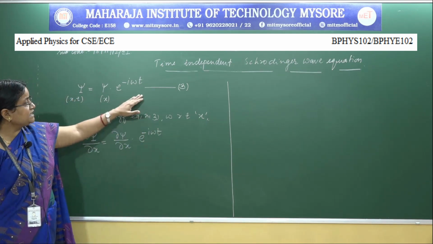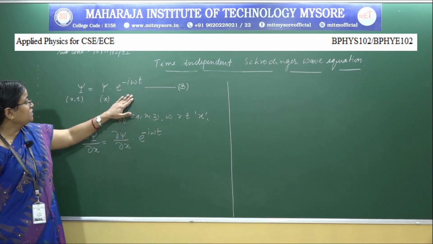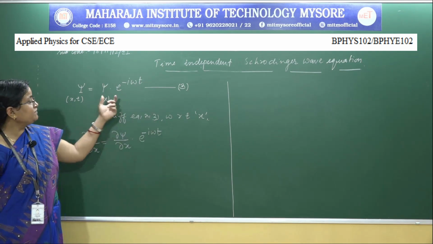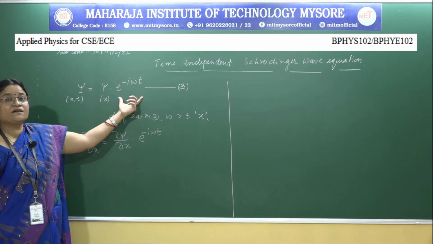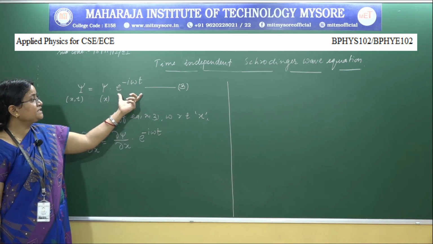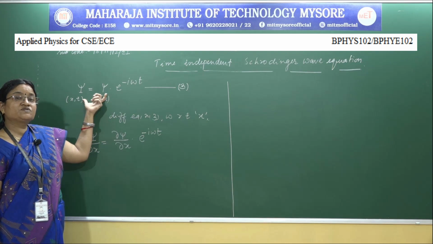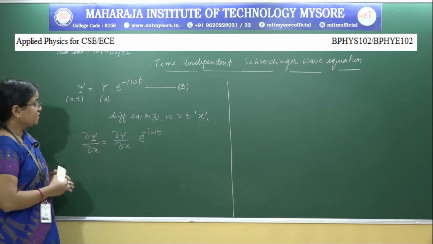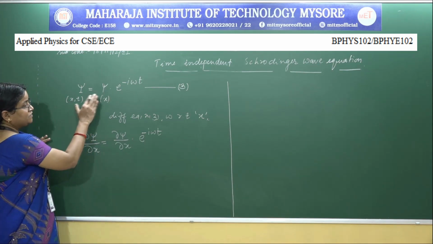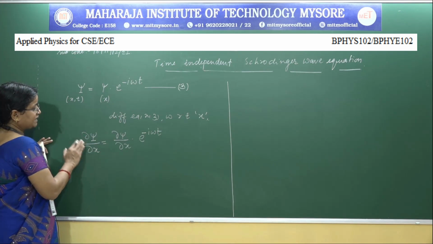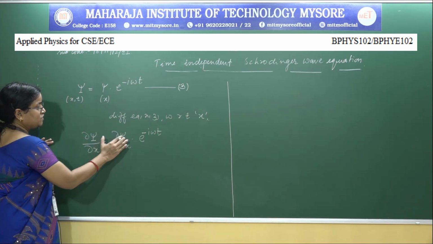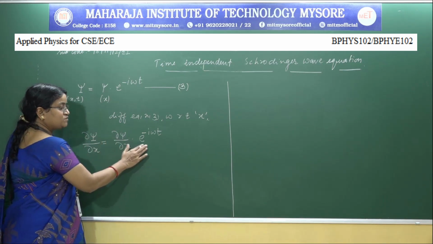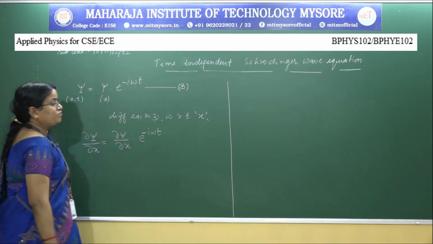Remember, we are partially differentiating equation 3, once with respect to x and then with respect to time. As we differentiate the x term, we leave the time term as it is, and if we differentiate the time term, we leave the position term as it is. So differentiating first with respect to x, we get dou psi by dou x is equal to dou psi, which is only a function of x, by dou x into exponential of minus i omega t.